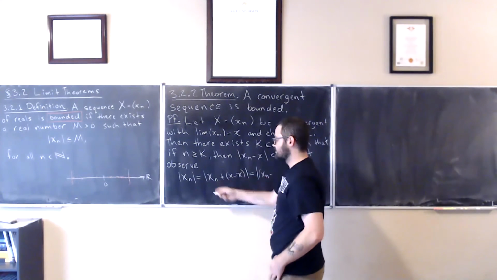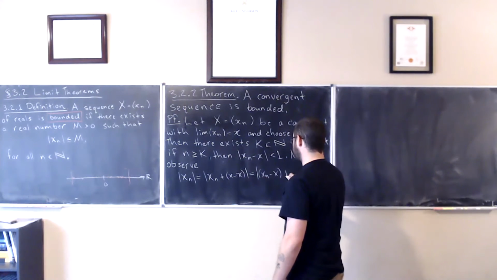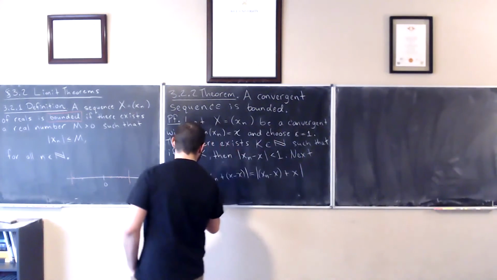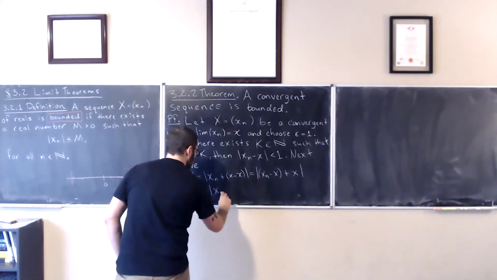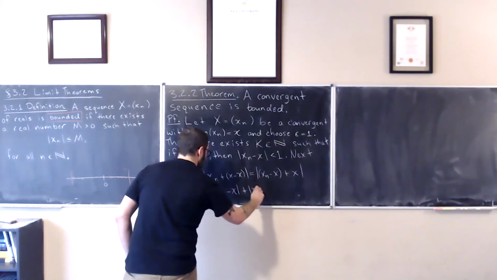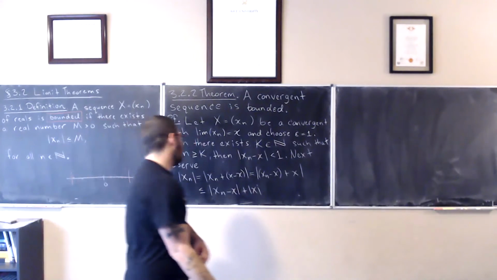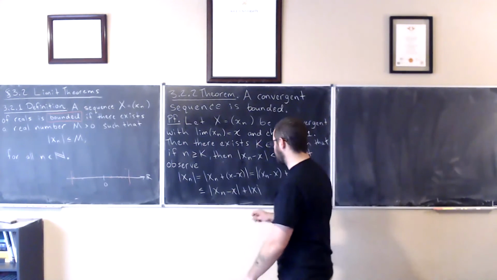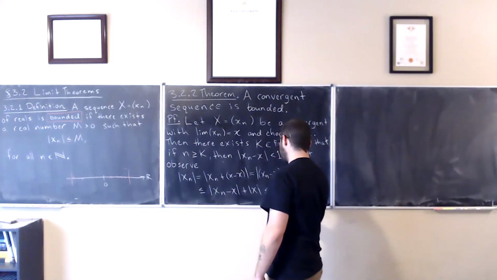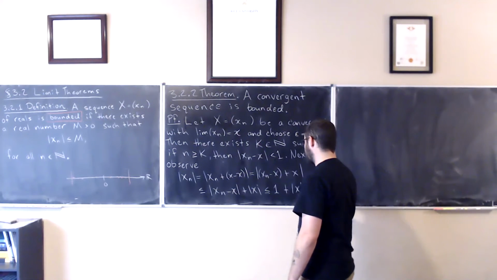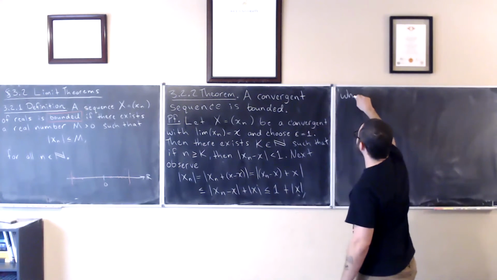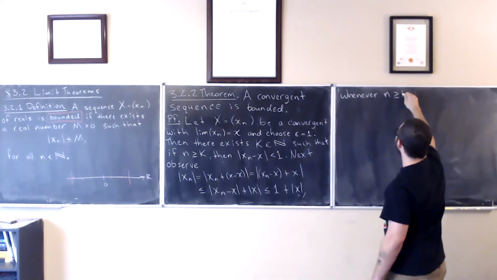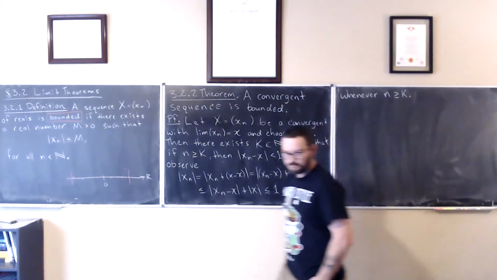The minus x goes with the sequence x_n. Then we can use the triangle inequality. And then we know that this piece of this sum is bounded above by 1 whenever n is greater than or equal to k. So this is at most 1 plus the absolute value of x, again whenever n is greater than or equal to k. Okay.